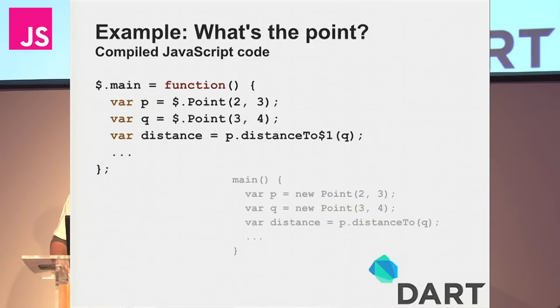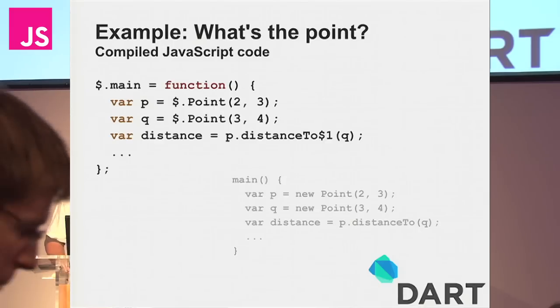There are 2 things that probably stick out. First is that we put statics on dollar, so it's $dot instead of polluting the global namespace. The second one is that there is no new. We just always go through factory constructors, which has a big advantage when you have different constructors for the same class, because in the background we can then use the same JavaScript class and have one hidden map in the virtual machines, which basically means it will run faster.